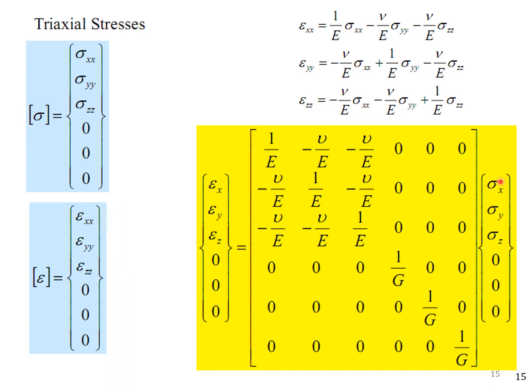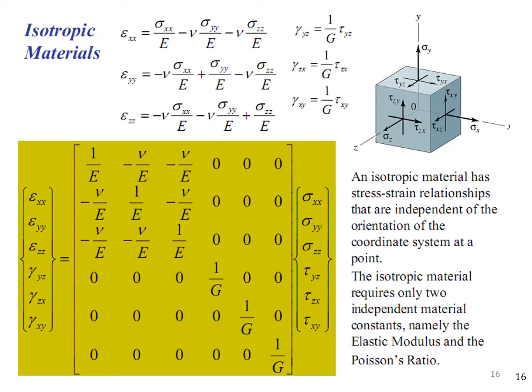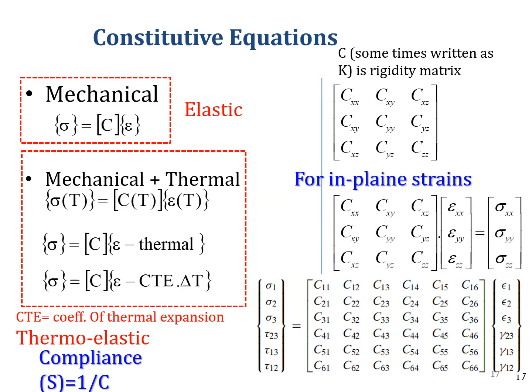The third component will be equal to this stress divided by this strain. And the same is for the other components. So for isotropic strains, the value of these constants becomes very simple.